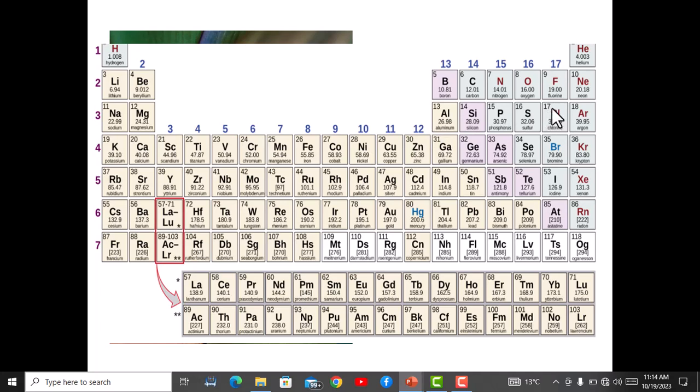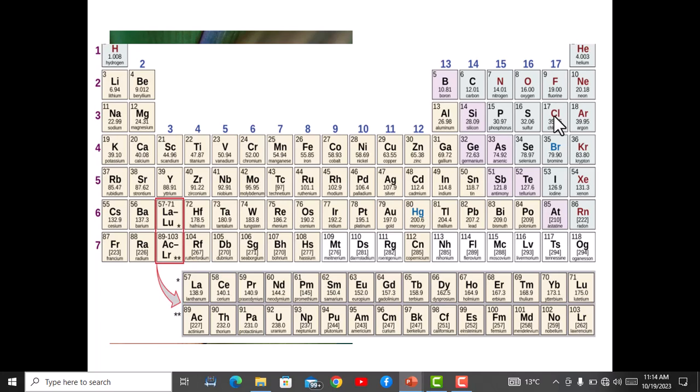So chlorine, it's in group 17. It has a valency of 1. Let me just take you through something just to give you some more information on chlorine. So chlorine, it's a halogen, first of all, very important, and it is a halogen, very highly dangerous.